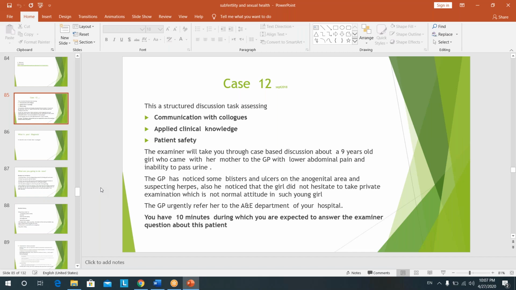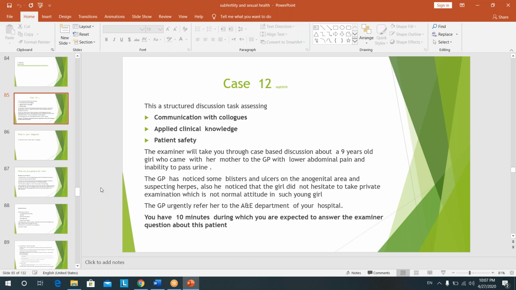Now I understand she's having urine retention, any bowel symptoms, whether she's having any unusual discharge. I would like to know, this patient is 9 years old, is she menstruating or not.